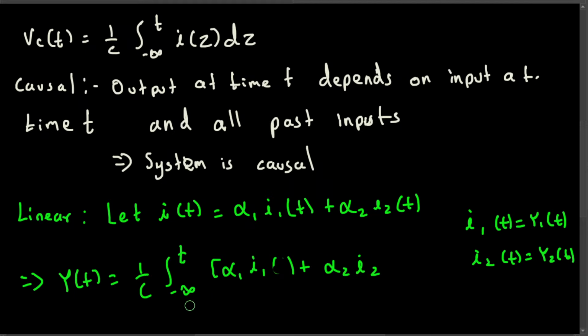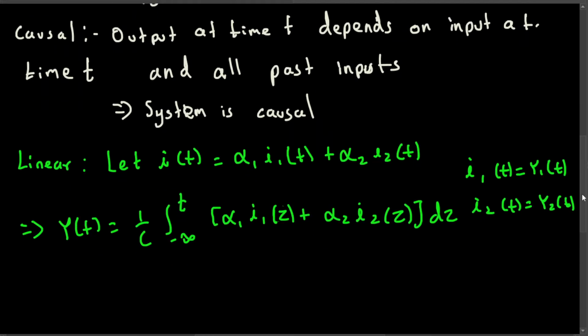Because the time is starting from negative infinity to t, so all the time should be applied. So that's why we use a different variable for it. So alpha 1 I1 of tau, plus alpha 2 I2 of tau, d tau.